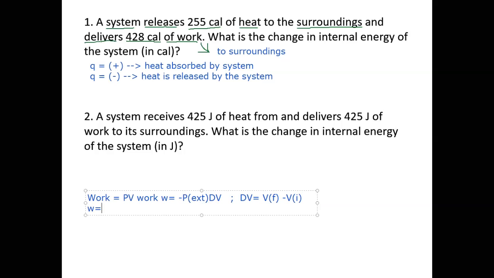If work is negative, then this means that delta V is positive, which means the system expanded. Work is done on the surroundings.